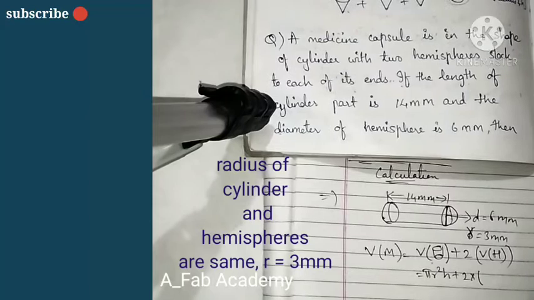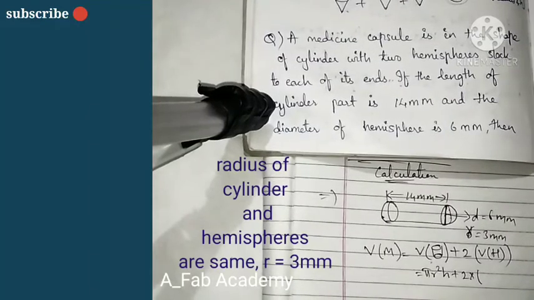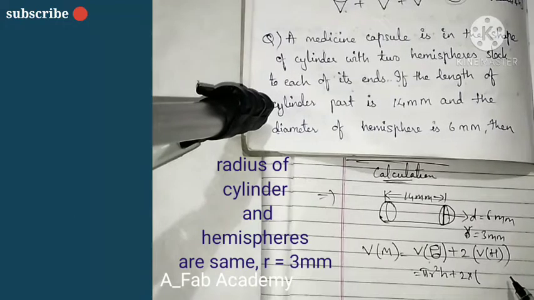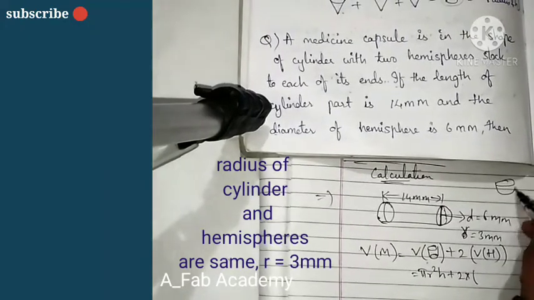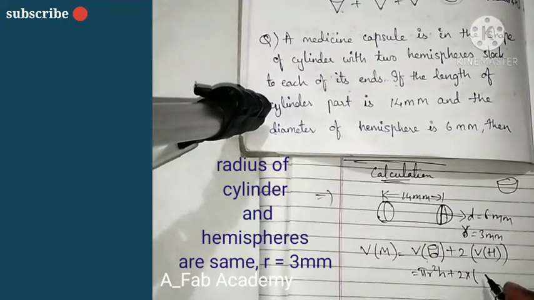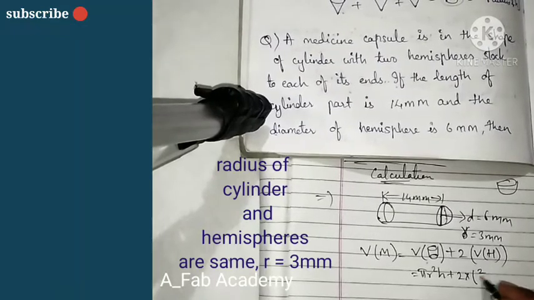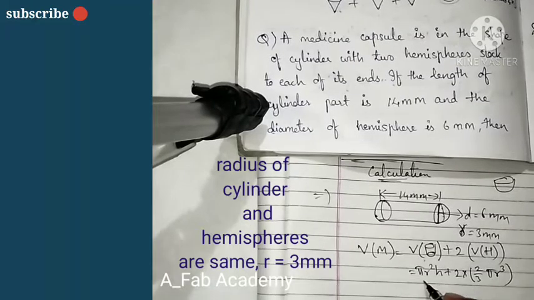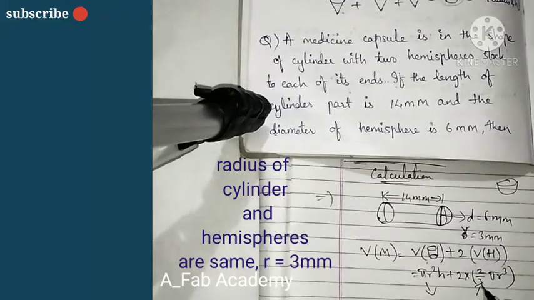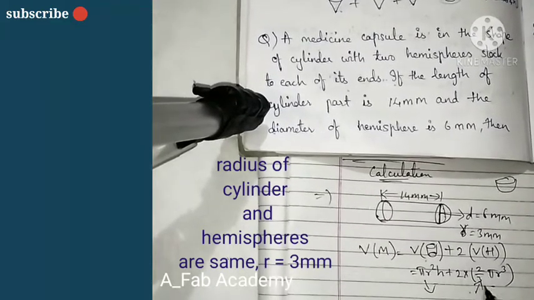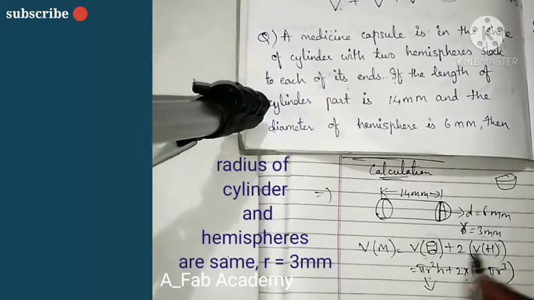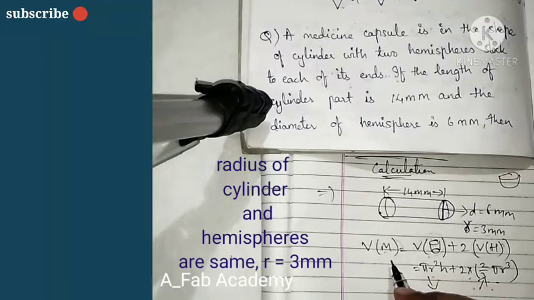Hemisphere is nothing but half ball, half a sphere. The volume of hemisphere formula is 2/3 pi r cube. Then you have to substitute these values.